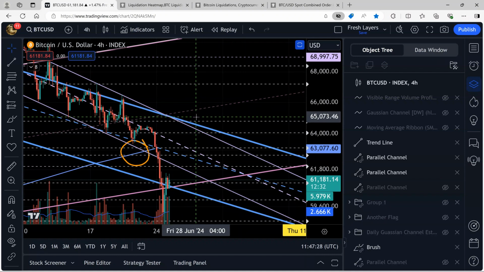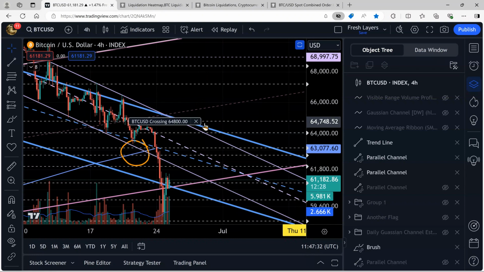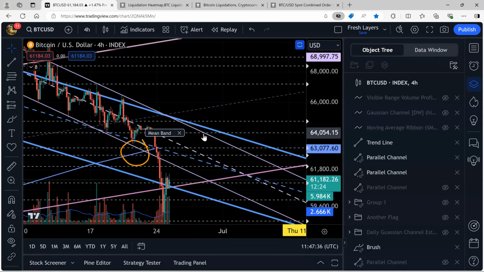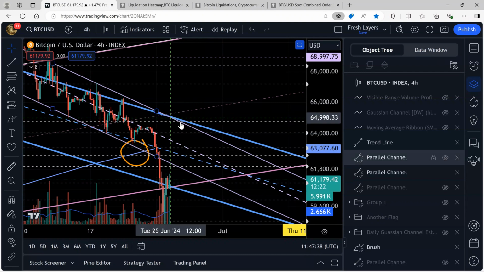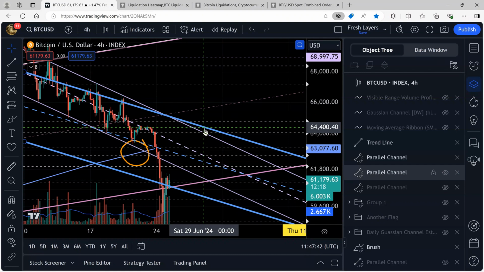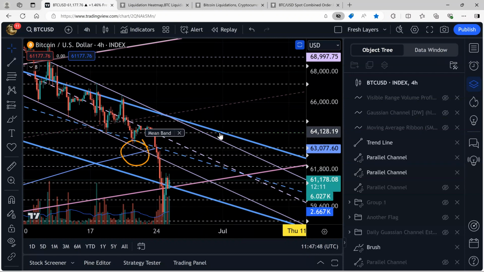Friday and a day. If we get back up to the top of the blue channel, that would put us up above the $63,000 region over the weekend. I'm expecting that that's where we get.